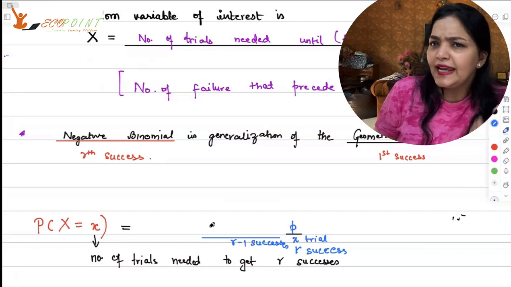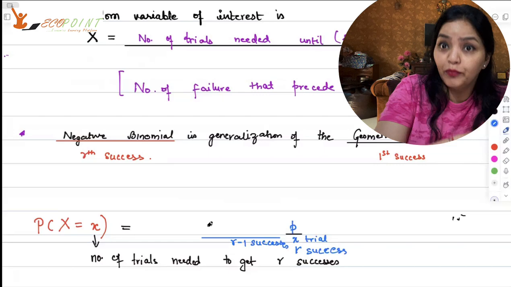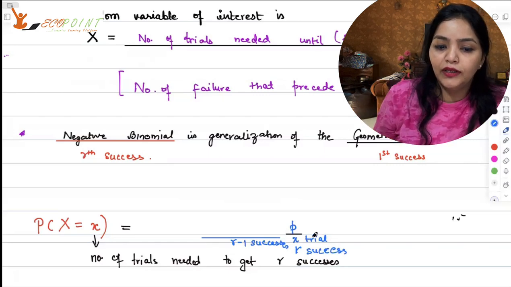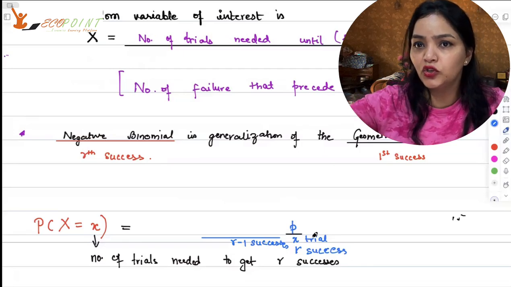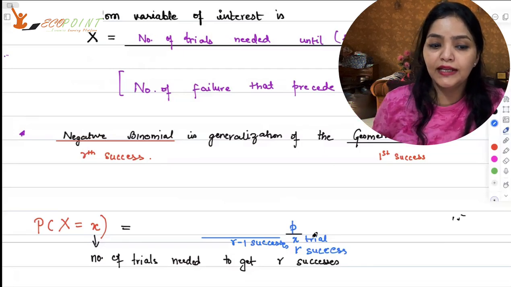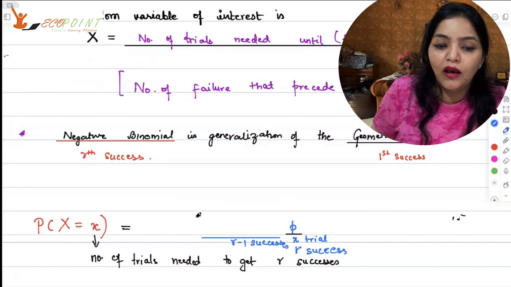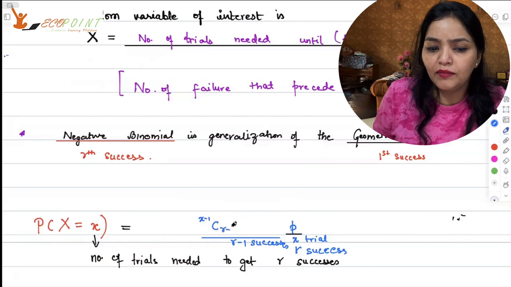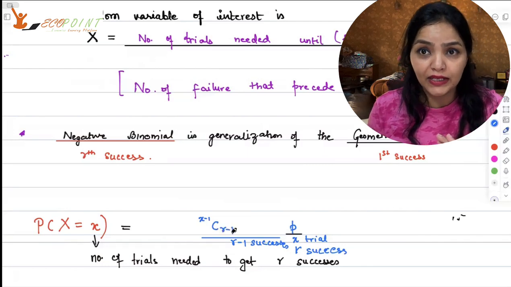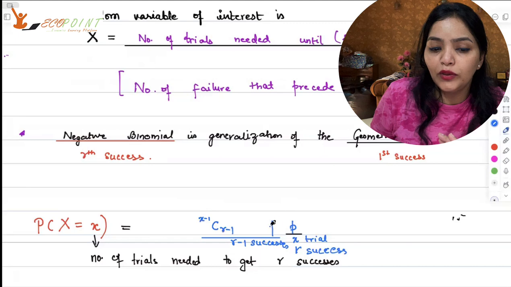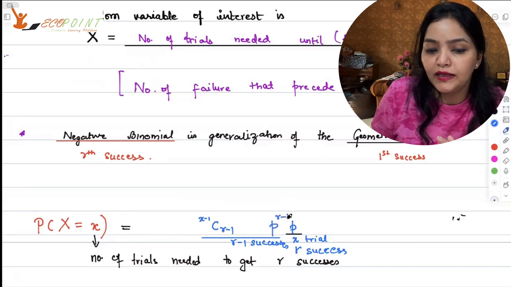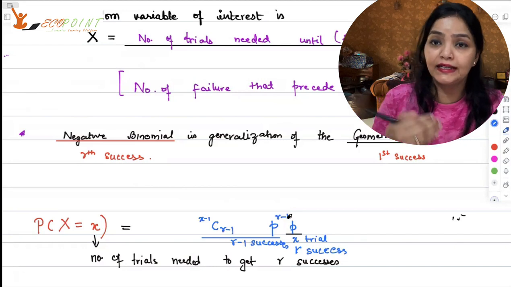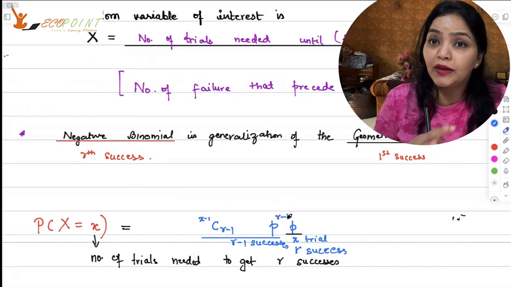So that can occur anywhere before the last trial, right? So if I take away this last trial, I am left with X-1 trials. Out of the X-1 trials, in any of the R-1 trials, I can get my remaining successes and they will come with the probability P. So P into P into P, R-1 times, right? That I'm taking successes R-1 times, right?